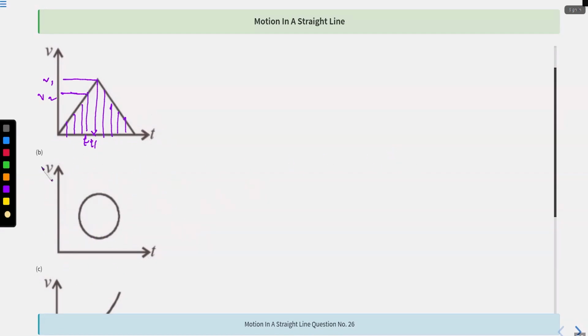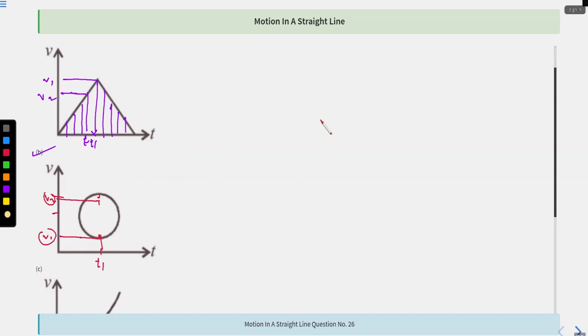As this is a single choice option, option B is the correct answer, because at this particular instant, this is a circle. If you consider time t1 over here and velocity v1, then we have velocity v2 at the same time, which is practically not possible.